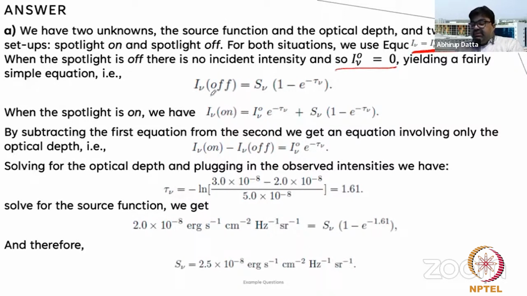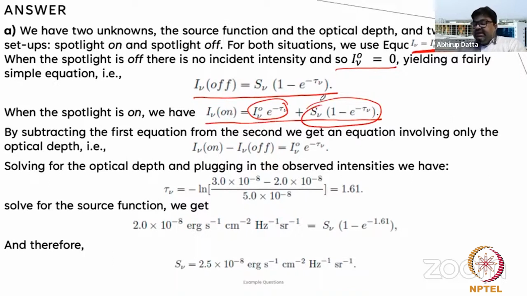In that case, I_ν off is just represented by S_ν(1 − e^(−τ)). When it is on, it is governed by this particular expression. This is the absorption part, and this part is talking about the emission.